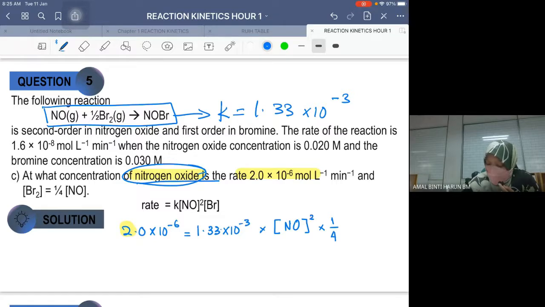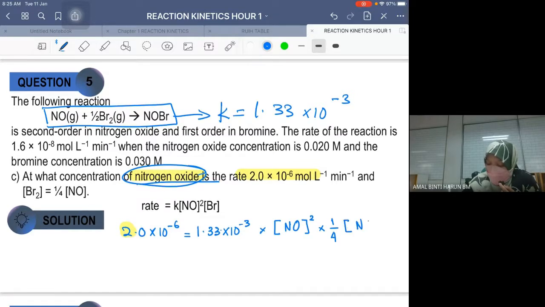Ni power 2 NO. Macam ni. So, apa concentration dia? So, you solve mathematically. Jangan lupa dekat sini, dia ada power of 2 juga.